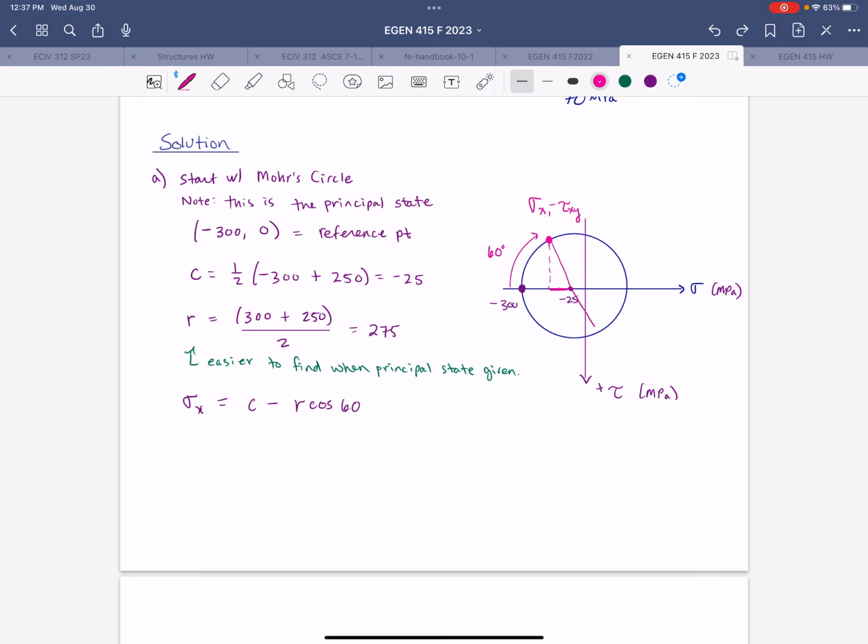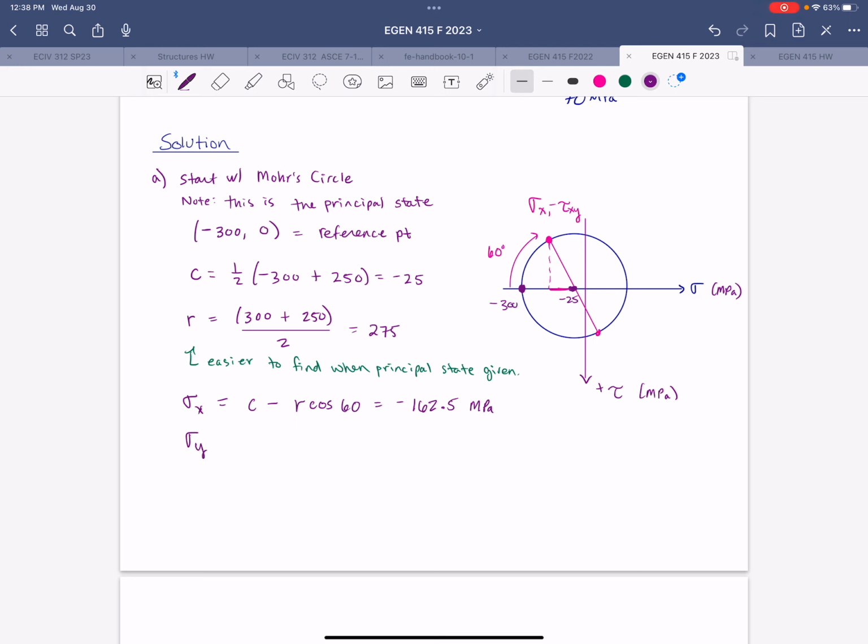I'm going to go ahead and draw the diameter in. There's our center point, C minus r cosine of 60. That would give us negative 162.5.